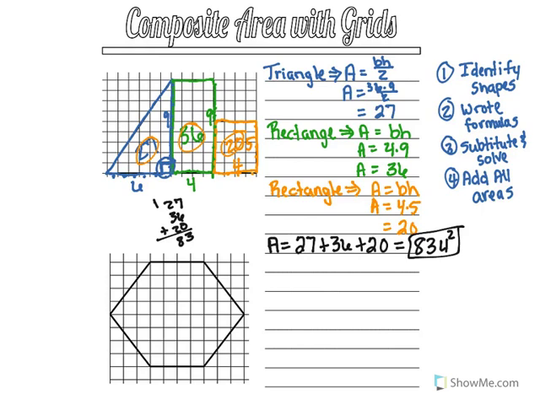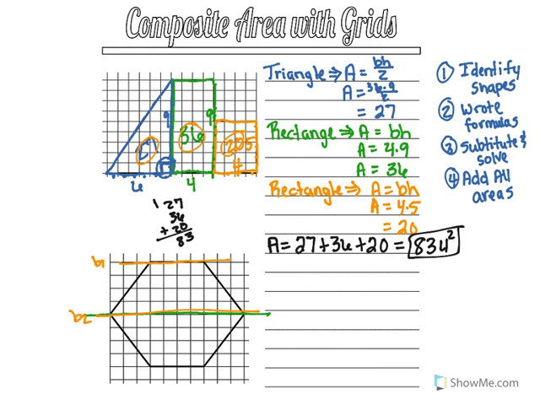Okay, so let's look at the second figure down here. I see two trapezoids. If I draw a line right there down the middle, I have trapezoid 1 and trapezoid 2. Remember, in a trapezoid, your bases are the parallel lines. So this is base 1, this is base 2.